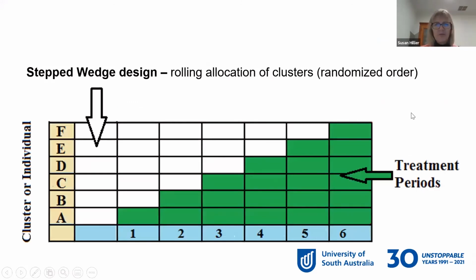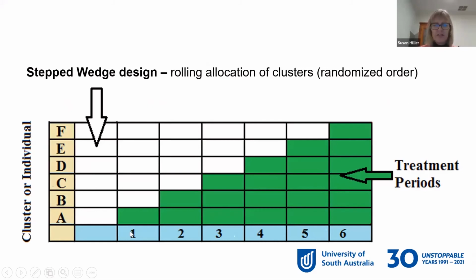The heading has disappeared from this slide, but it says stepped wedge design. Again, this is another pragmatic adaptation of a clinical trial design, which we find particularly useful in real-world settings, where there is a rolling allocation of clusters. So there is a randomised order of allocation, but the allocations are not done simultaneously.